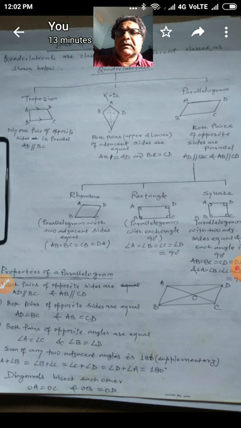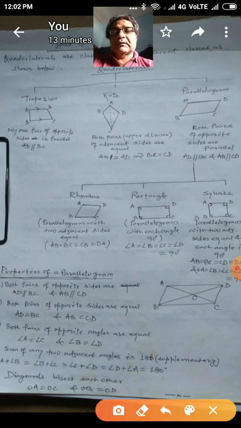All are quadrilaterals, all are made by four sides, all are closed figures. So to make a proper study, it is required here to classify them so that we may study about each type of quadrilaterals in detail.